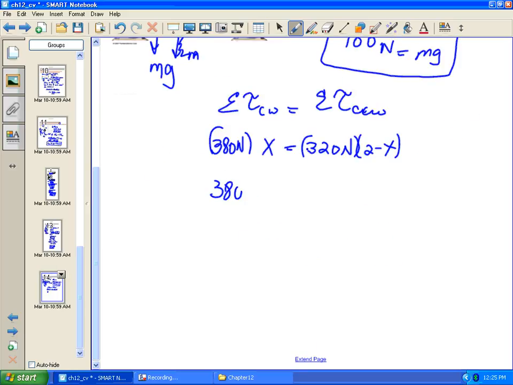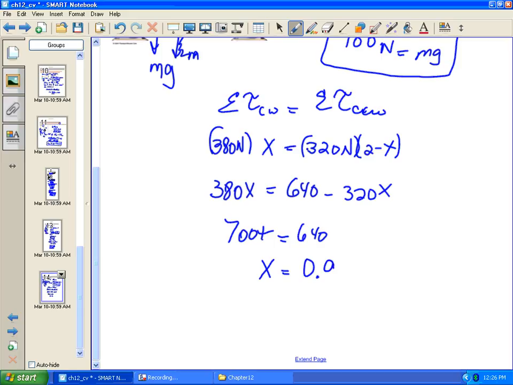So let's just get rid of the unit newton for the time being. We've got 380x equals 640 minus 320x. We put all the x's together. 380 plus 320 is 700x equals 640, so x then equals 0.914 meters.